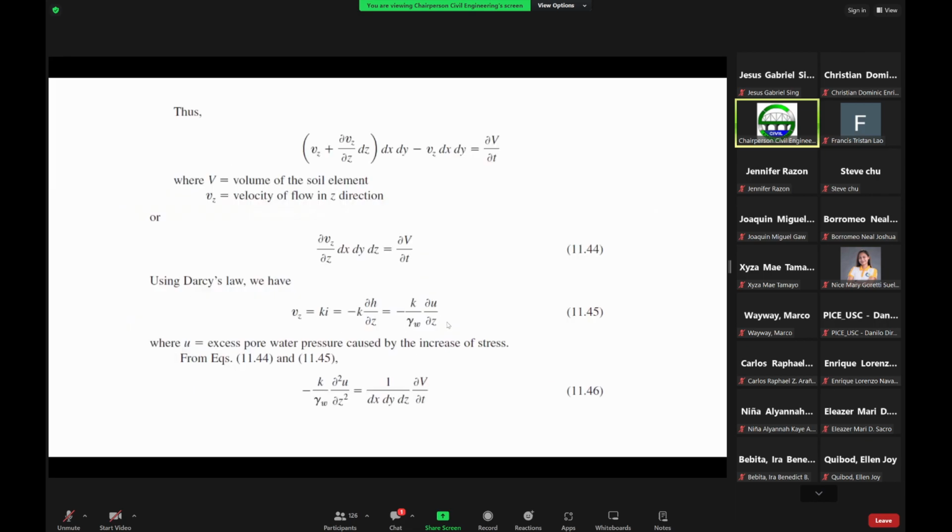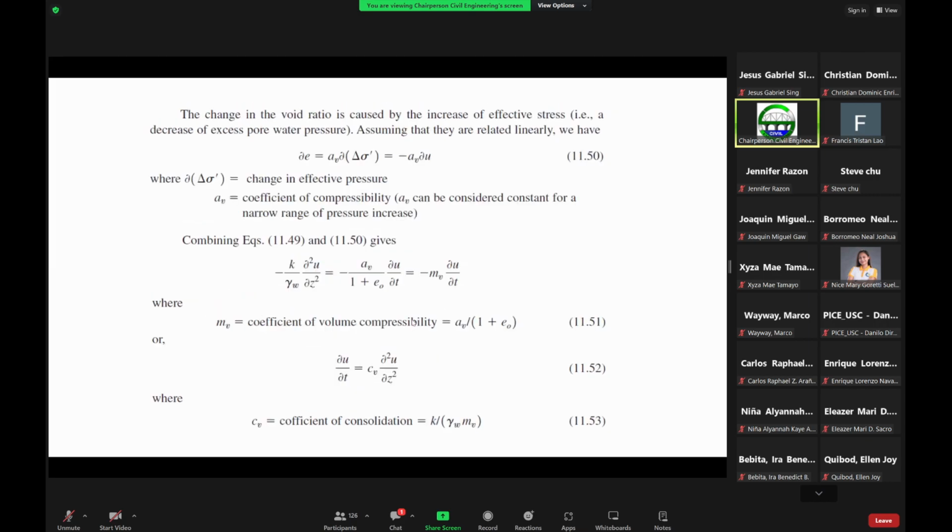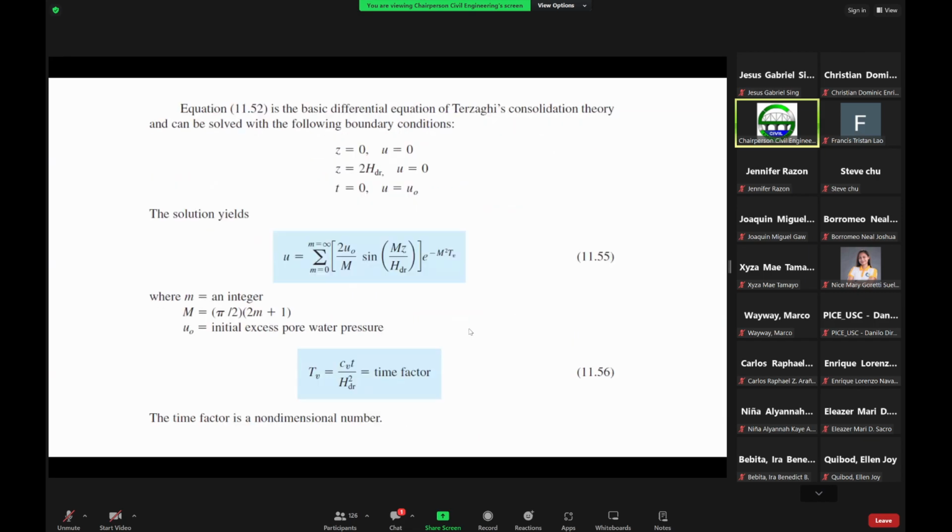With these boundary conditions, you substitute them here in solving this differential equation for Terzaghi's consolidation theory, and the solution yields this equation here, which is a nice looking equation.